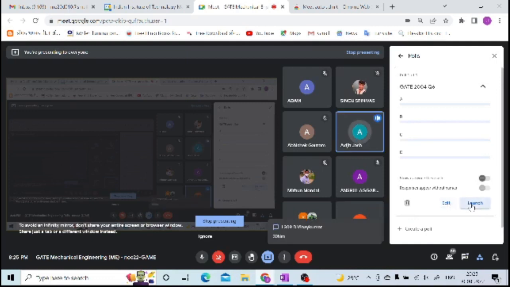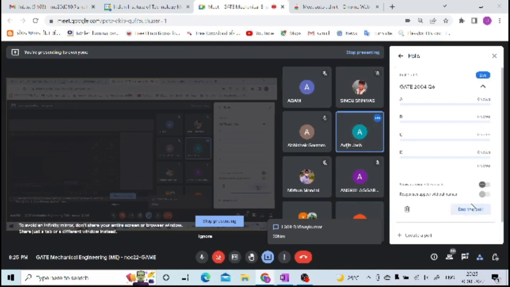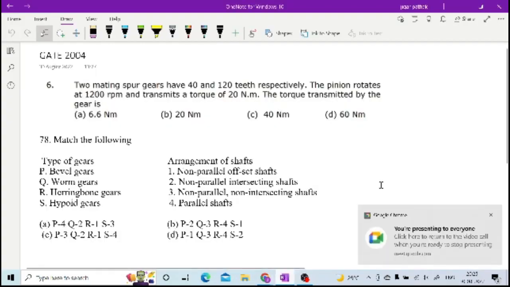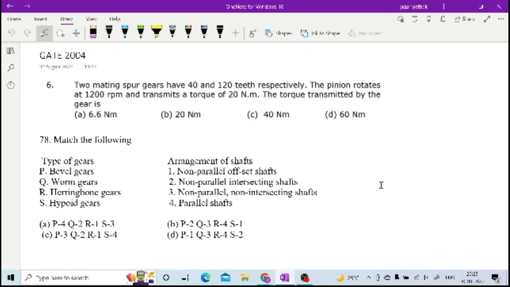It would be 60, sir. Okay. So can you see that poll? Yeah, poll is visible, but could you please show me the options? Option D is the correct one.